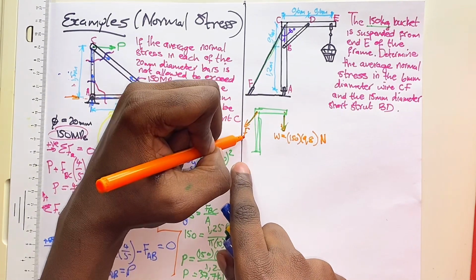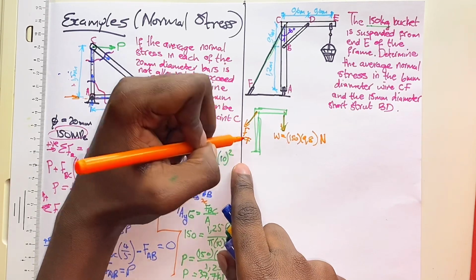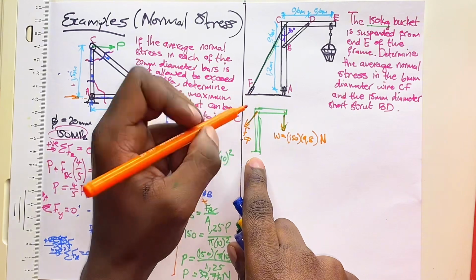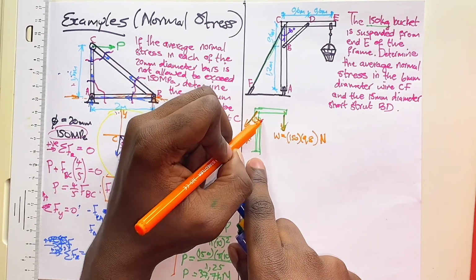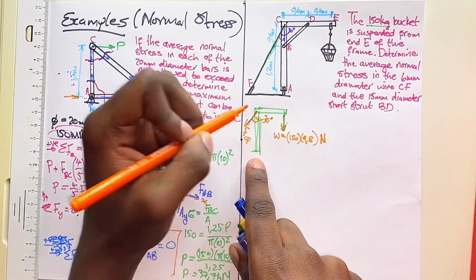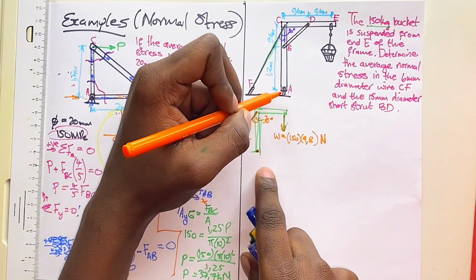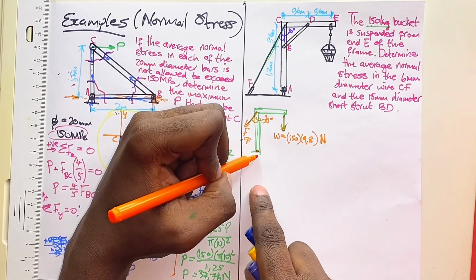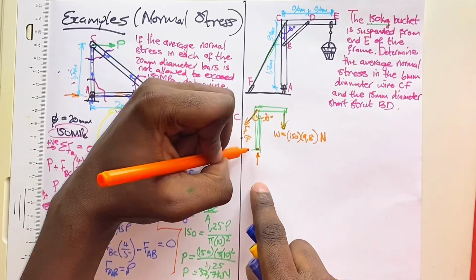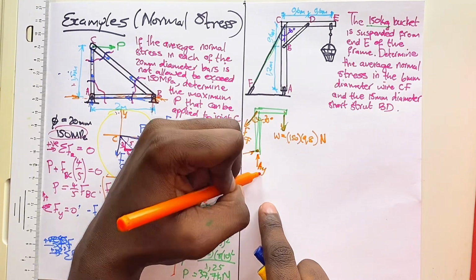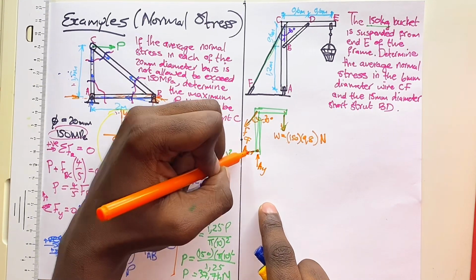Now here I have a force CF that I do not know, but I know that it is acting 30 degrees from my horizontal. Now at the bottom here, I have a pin connection. With a pin connection, you will have forces reacting in the x-axis and the y-axis.